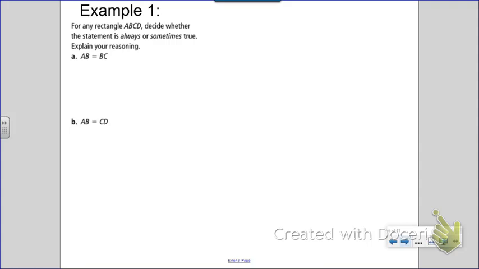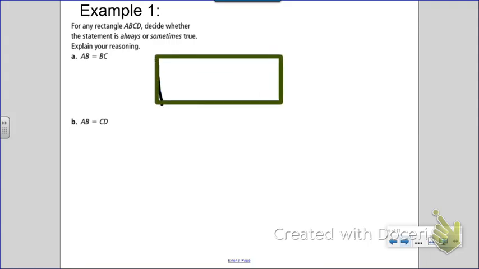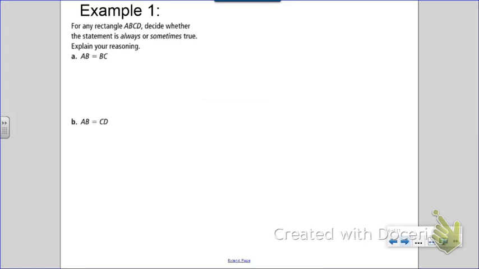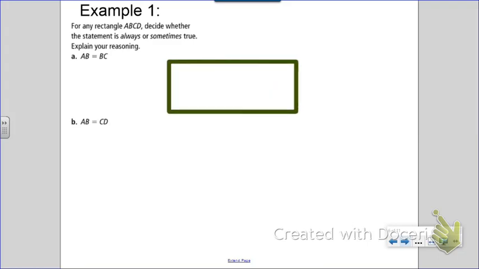We're deciding if the statement is always or sometimes true. So given a rectangle, labeling it A, B, C, D, the first statement is AB is equal to BC, and the second one is AB is equal to CD.